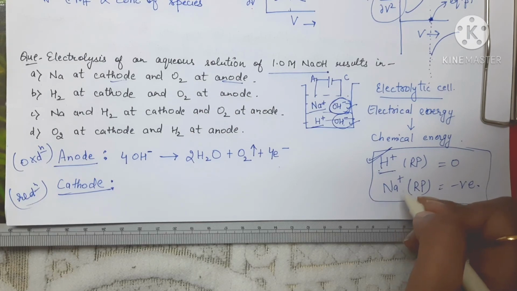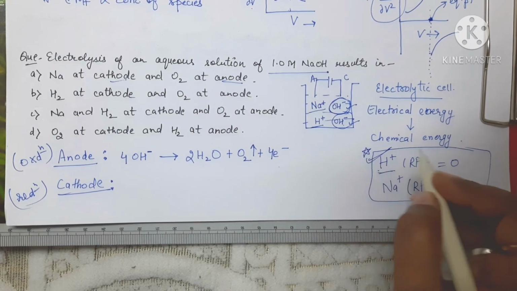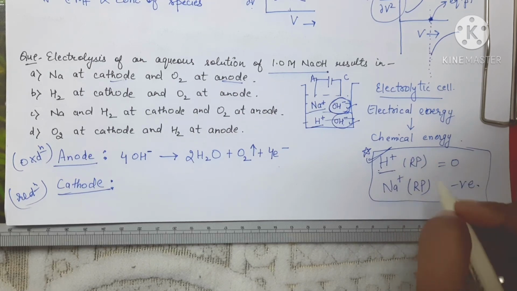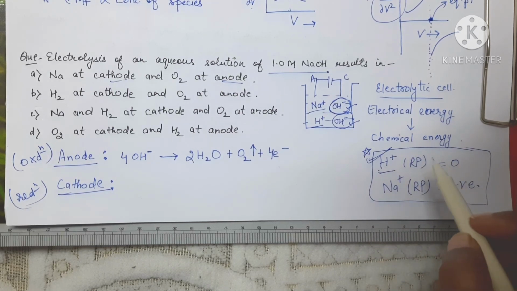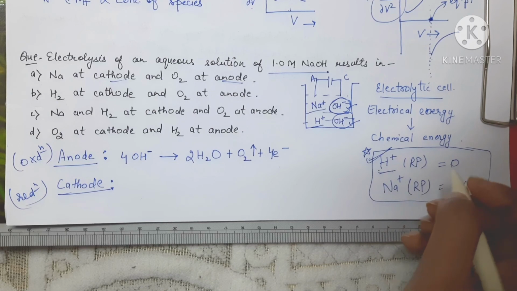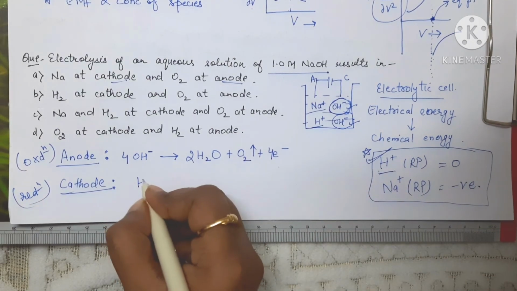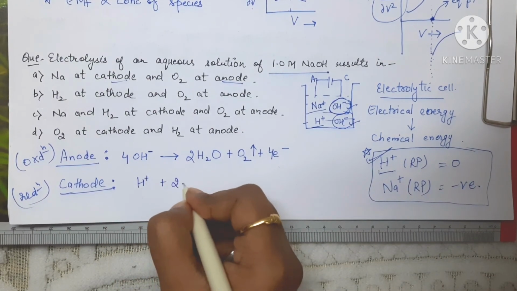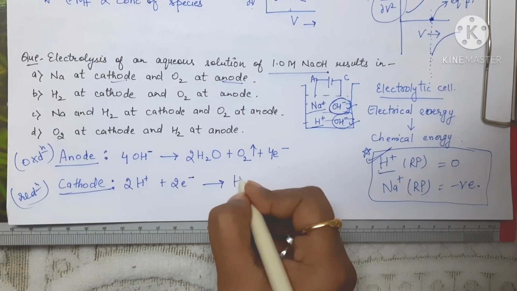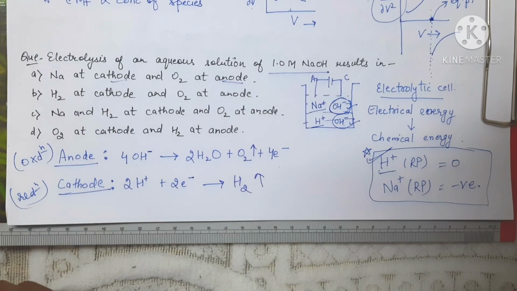I hope this point is clear. This was the main crux which you have to understand, that which one is undergoing reduction. The one having more value of standard reduction potential. So here H positive will be reduced. So H positive will take up the electrons and will change into H2 gas, right?